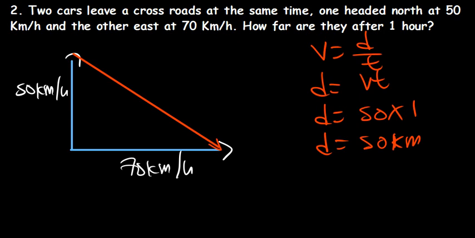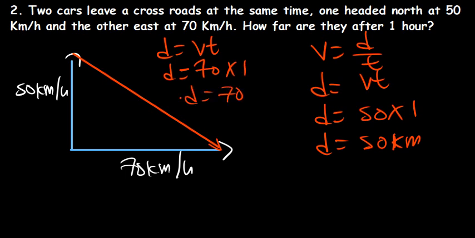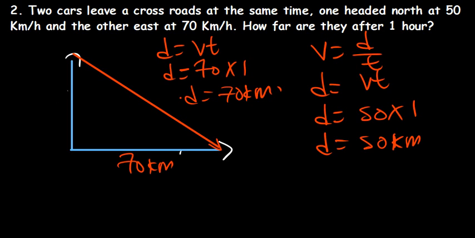Then the distance for the second one will be equal to v times t. So the velocity is 70 times 1 hour. So I'll get 70 kilometers, like that. Now that I have the distance in this direction to be 70 kilometers, I also have another distance in this direction here, which is 50 kilometers.